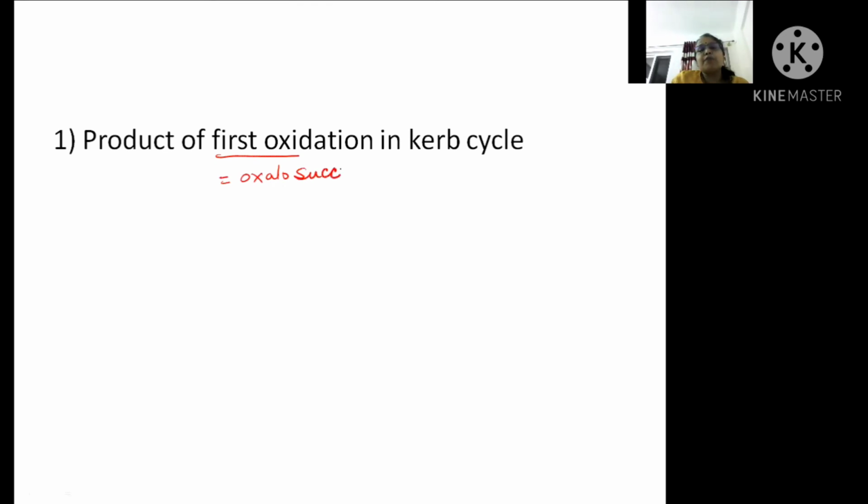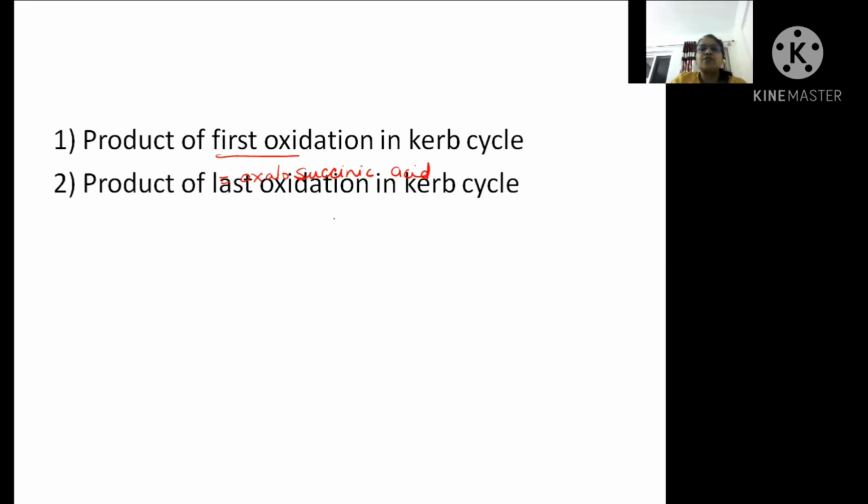For this, you have to remember the long Krebs cycle, then only you'll be able to solve these questions. Is it clear? Next question is, what is the product of last oxidation in Krebs cycle? The product of last oxidation in Krebs cycle is oxaloacetic acid.